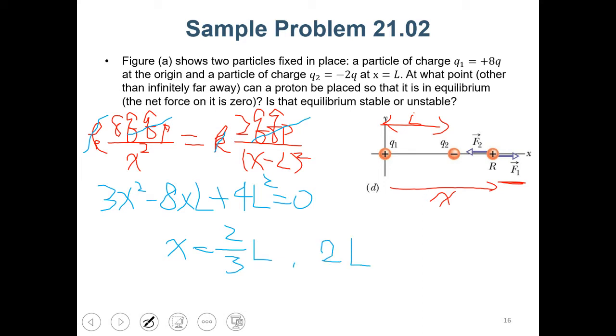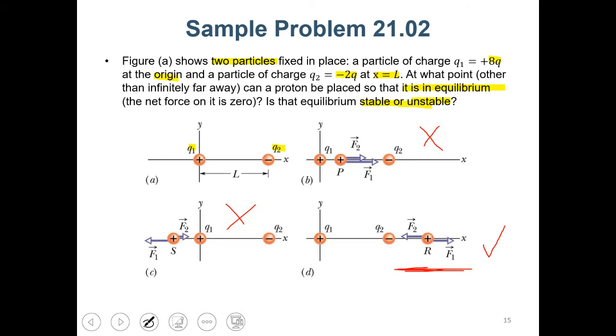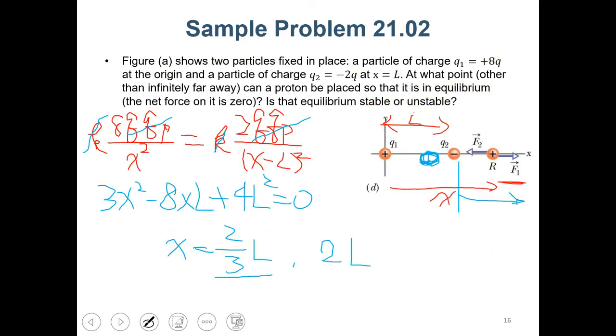If x is equal to 2/3 L, which means that the proton is here, it is not on the right hand side, because as we have argued here, the proton should be placed on the right side. So this one should be rejected.